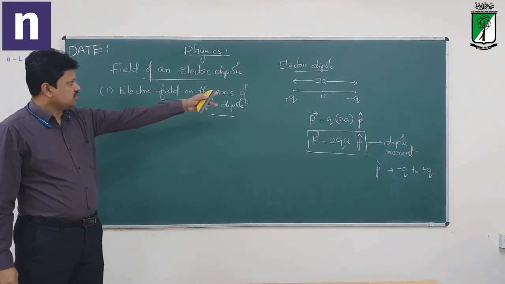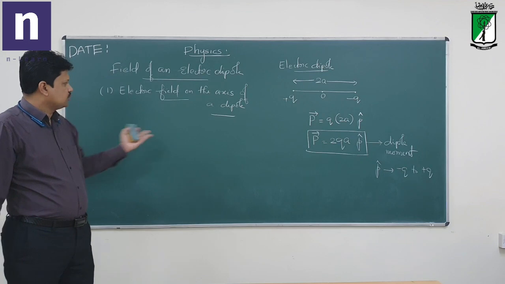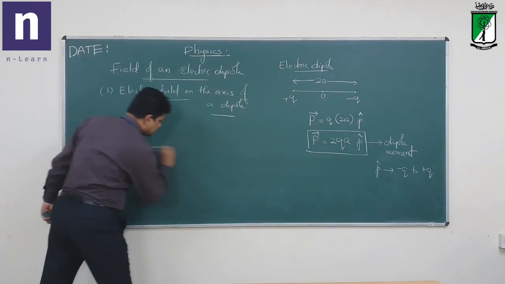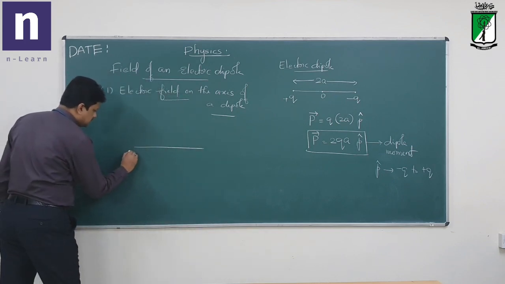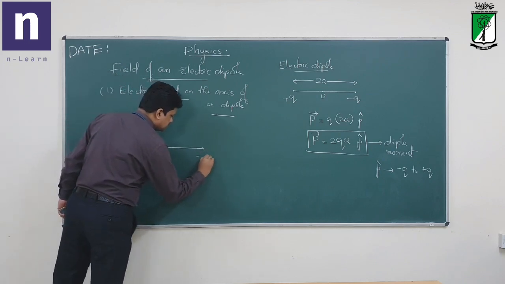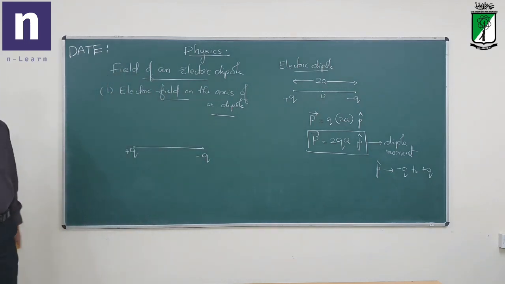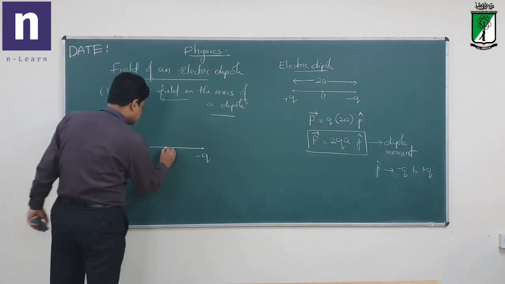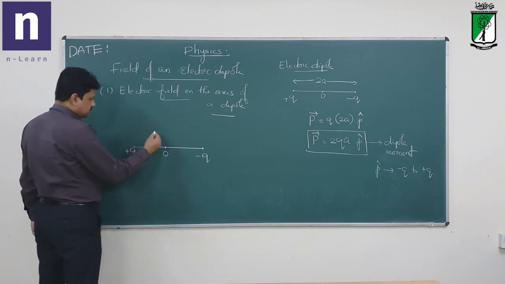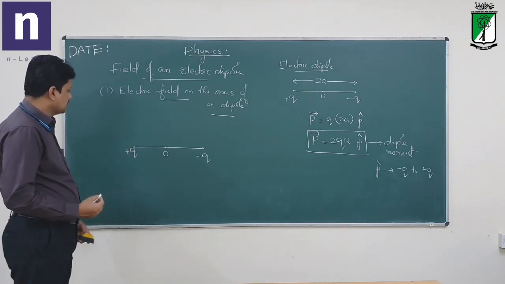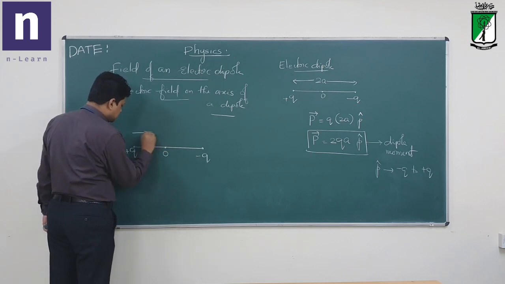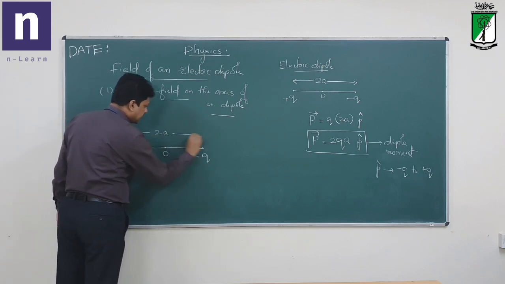As I said, a dipole consists of two point charges. So let me take two point charges here and try to find the electric field. Say there is an electric dipole constituted by two point charges, plus q and minus q, and the center of the dipole, say O. The distance between the two charges, of course, is 2a.